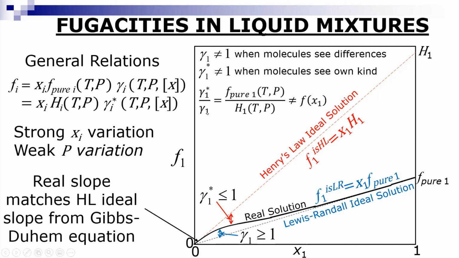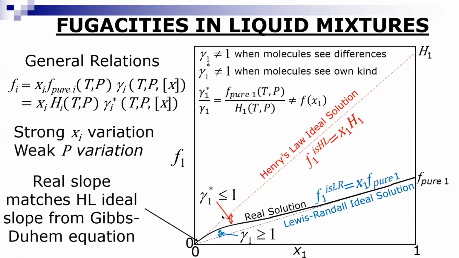And the answer is gamma star over gamma is f pure 1 over H1, which is not a function of composition. Now, Rafik actually showed that to you, and hopefully this reinforces the idea that you can choose whichever way you'd like to do it. You can worry about an activity coefficient, or you can worry about Henry's constant.